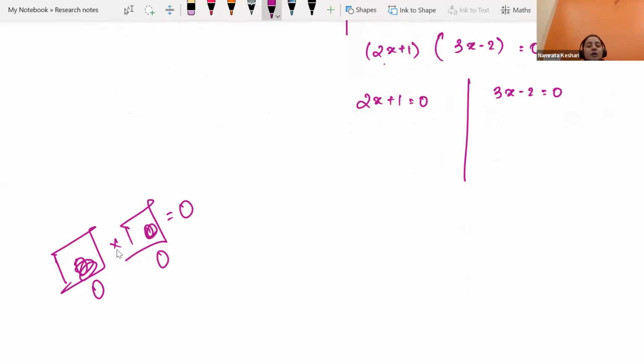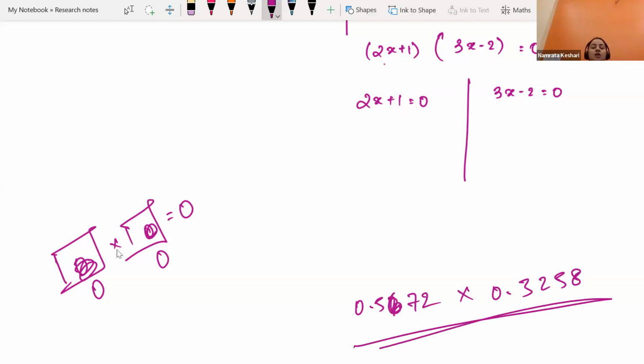You take any two random real numbers, non-zero real numbers, like 0.565672 into 0.3258. When you multiply such numbers, the result will never ever be zero, right? So to get the product's result as zero, any one has to be zero, otherwise both have to be zero.